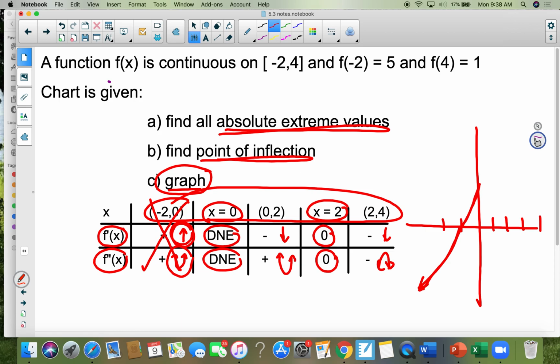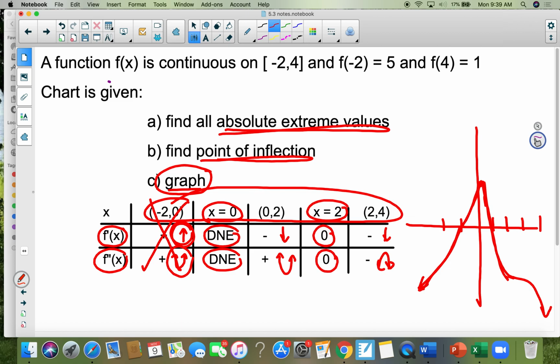So at 0, I'm going to make a corner. It's a cusp. I made a cusp. From 0 to 2, it's decreasing. It's definitely still concave up. And at x equals 2, it's going to decrease, and it can look like that.